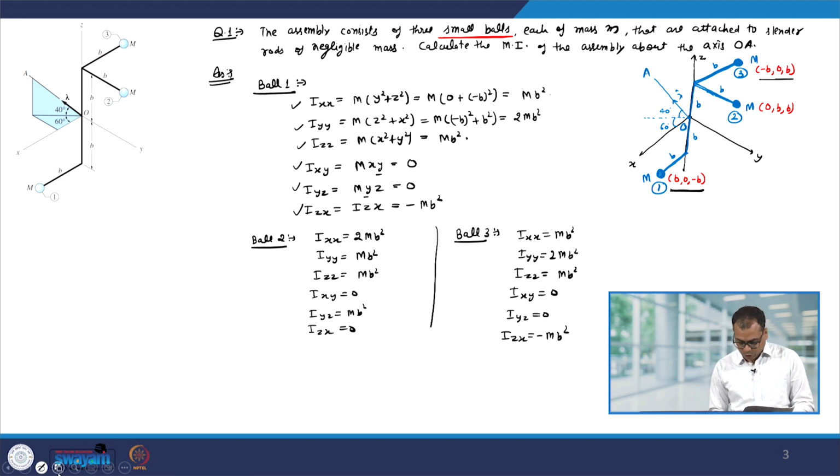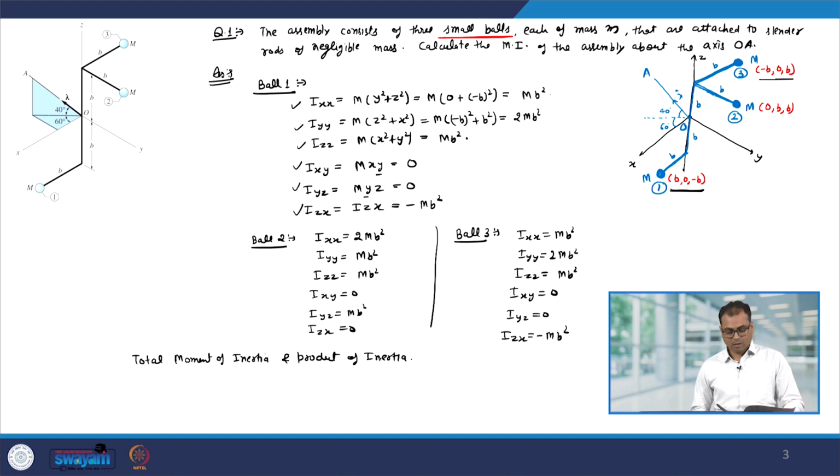Now, the total moment of inertia and product of inertia will be the sum of ball 1, 2 and 3. So, for example, I_xx will be the sum of this plus this plus that.